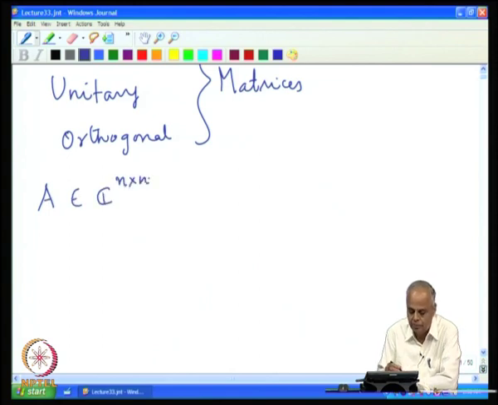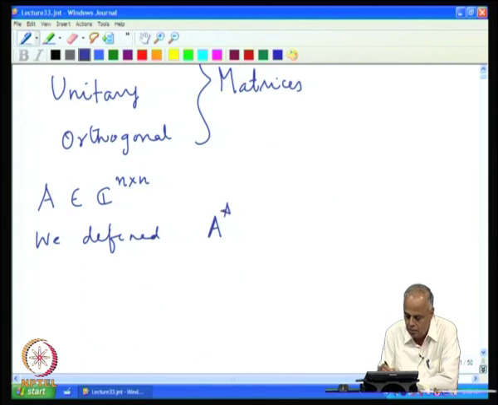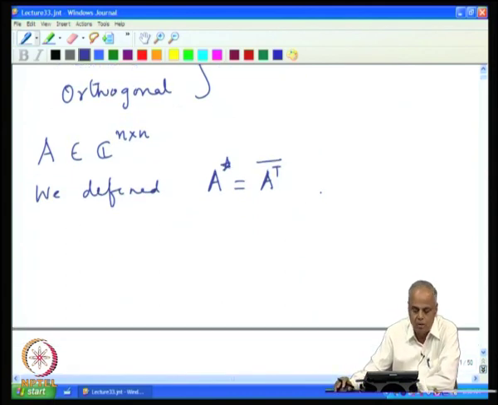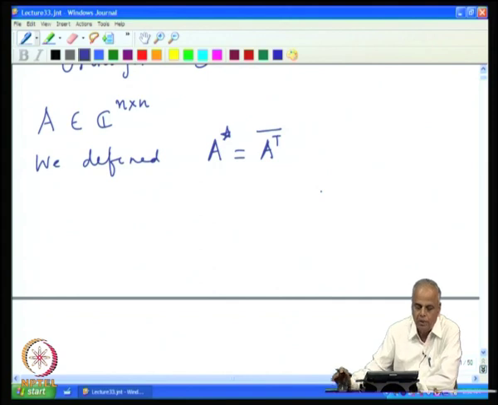complex matrix, we define A star, the Hermitian conjugate, as the transpose conjugate. So, you flip the matrix and conjugate every entry, you get the Hermitian conjugate A star.